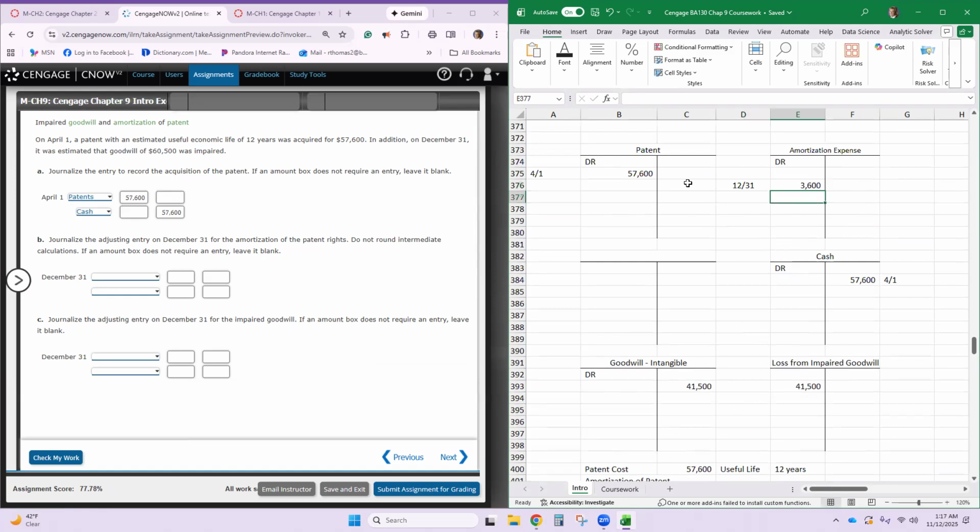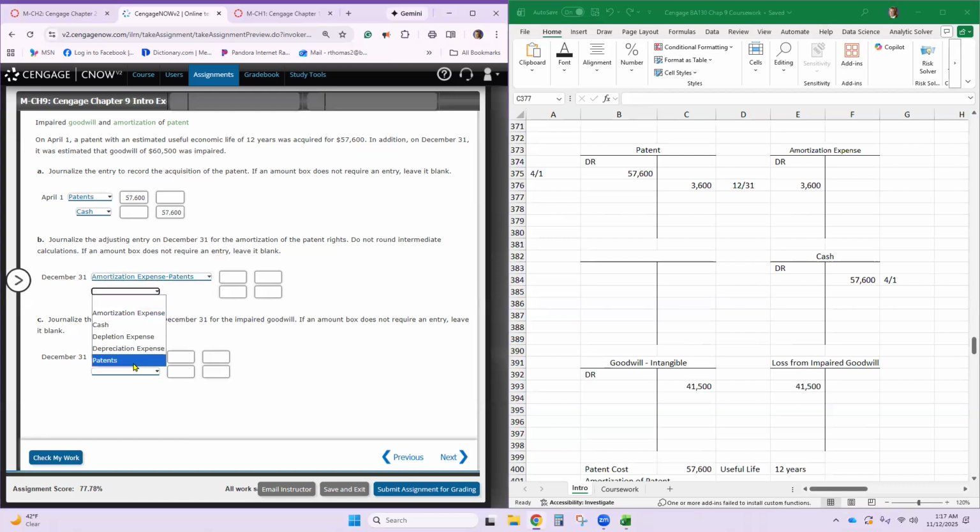And it's going to come directly out of the patent. Okay, so I know this is different. We don't have an accumulated amortization account to go against these intangible assets. So it's going to get amortization expense, and then the patents will go down. Okay, so they don't have a contra asset for intangibles.